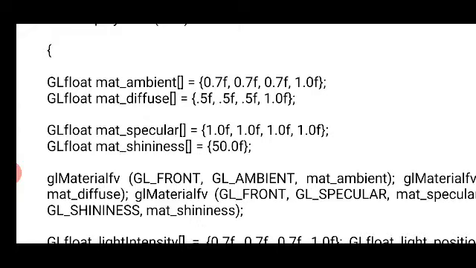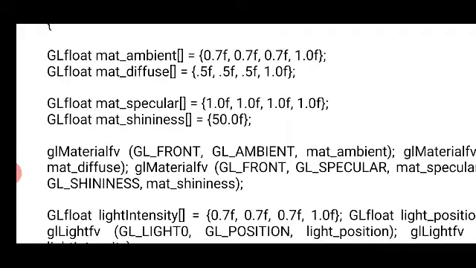Now for positioning a light source we are going to use a function called glMaterialfv. Now this function is used to position the light at any side we want to place a particular light. For example, if we want to position the light from the front side, we are going to use a constant called GL_FRONT.